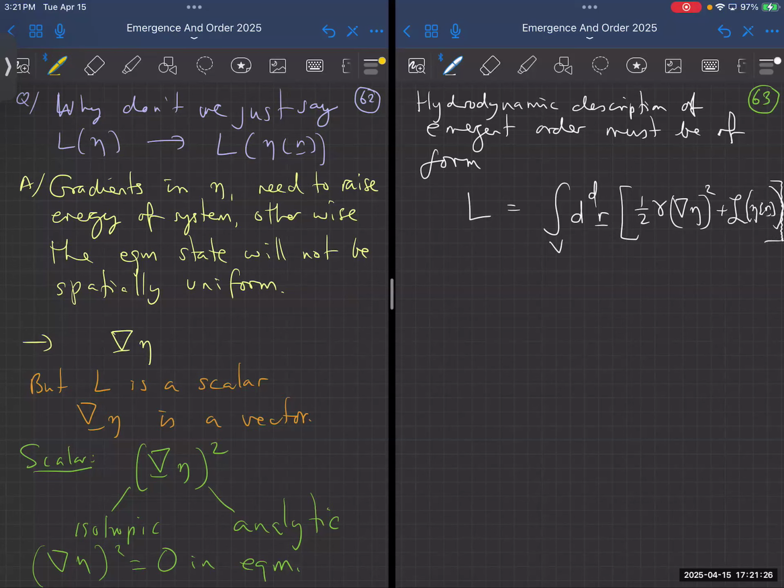And this is the foundation for our theory for ordered matter. So a long wavelength description has to be of this form.